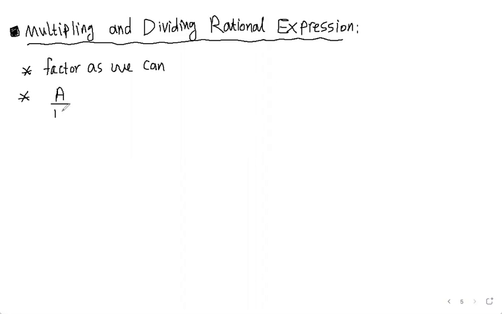A over B times C over D, fractions, is equal to A times C over B times D. Make sense? Any questions so far?